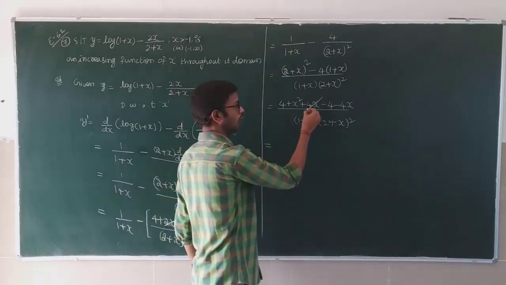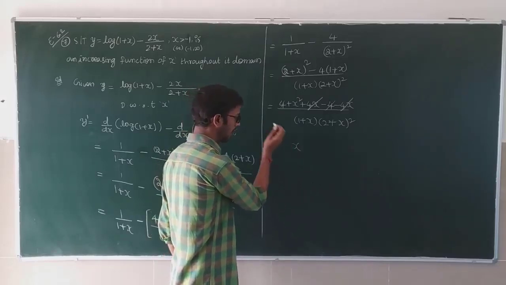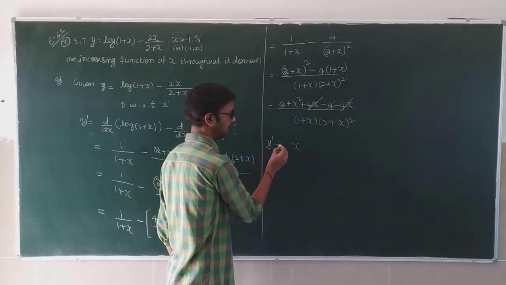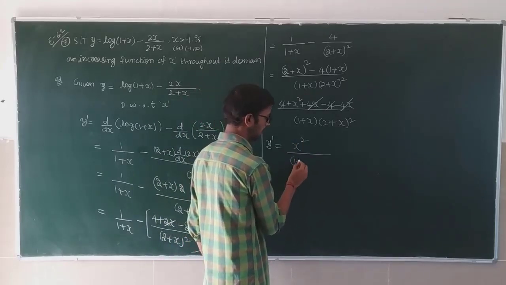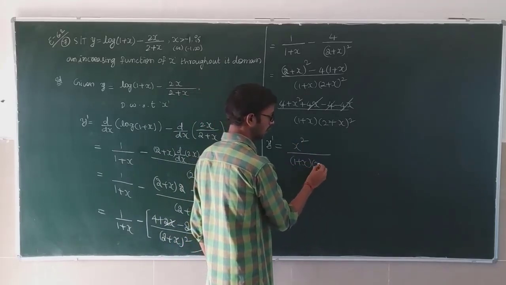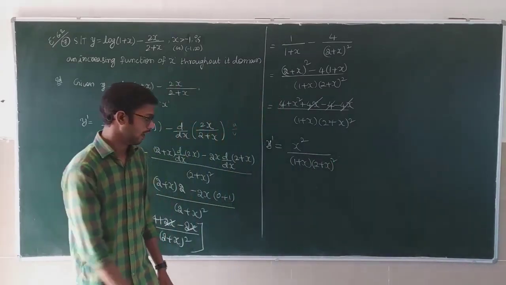So now 4x cancels, 4 cancels, and y dash is equal to x square by 1 plus x into 2 plus x whole square.